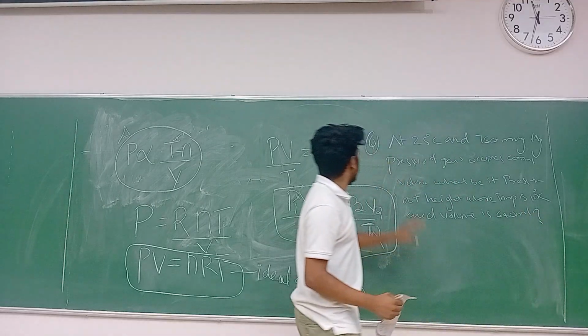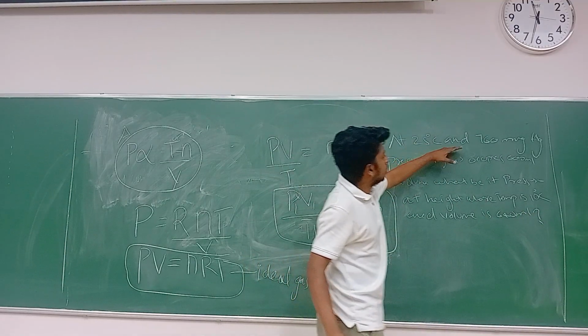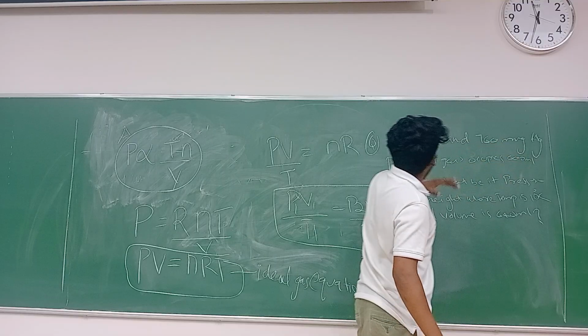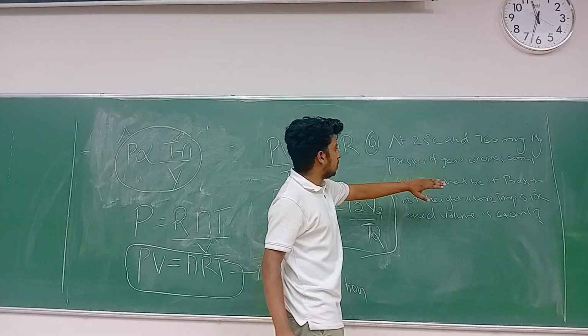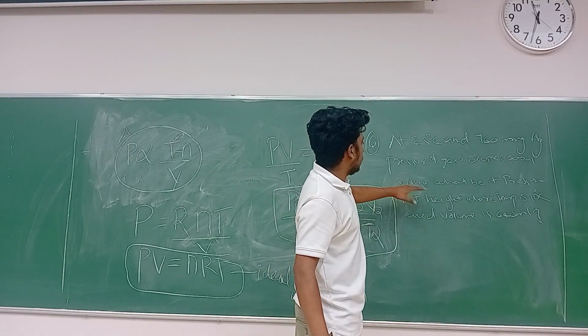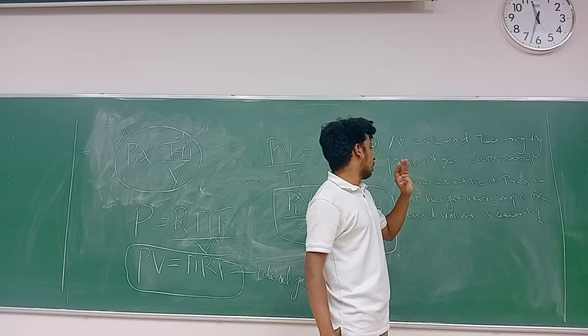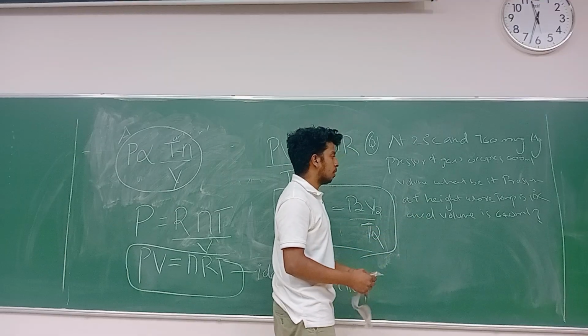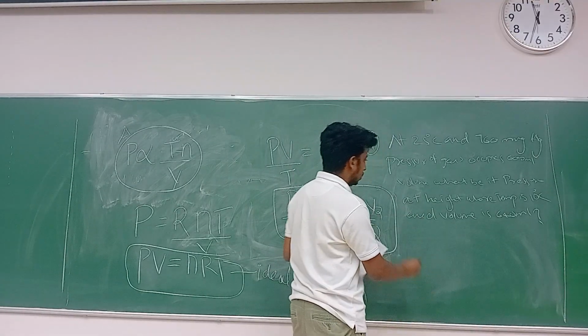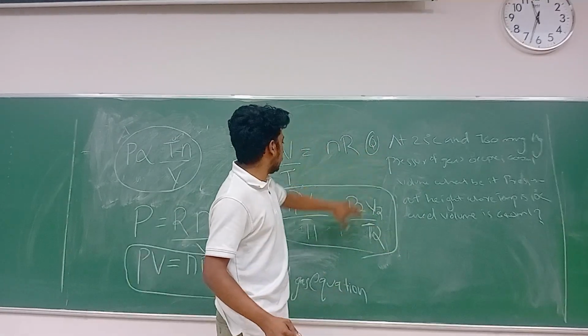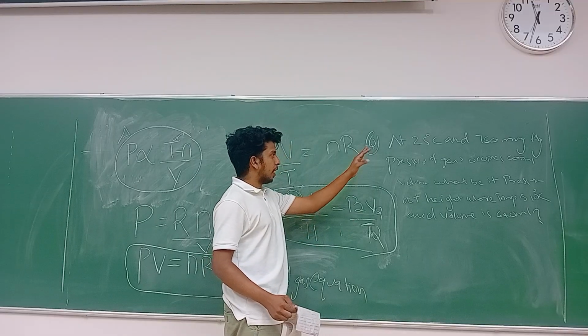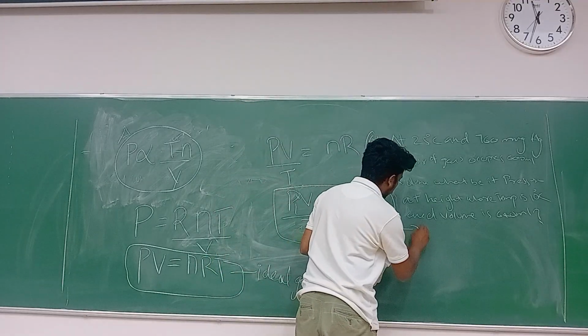This is a simple question: at 25 degrees Celsius and 760 mmHg pressure, a gas occupies 60 ml. What will be the pressure at a height where the temperature is 10 degrees Celsius and the volume is 64 ml? From this equation we can find the answer.